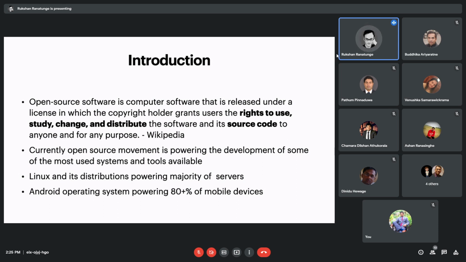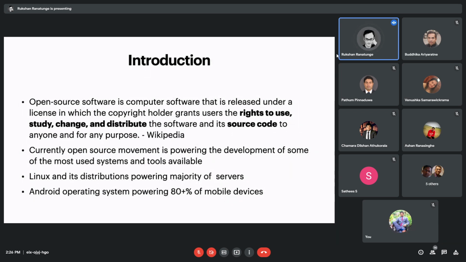If you look at today's technological landscape, you will see that the open source movement is currently powering the development of some of the largest and most used technologies around the world. Two popular examples are the Linux operating system, which powers the majority of the servers that run the World Wide Web, and the Android operating system, which powers more than 80% of mobile devices.